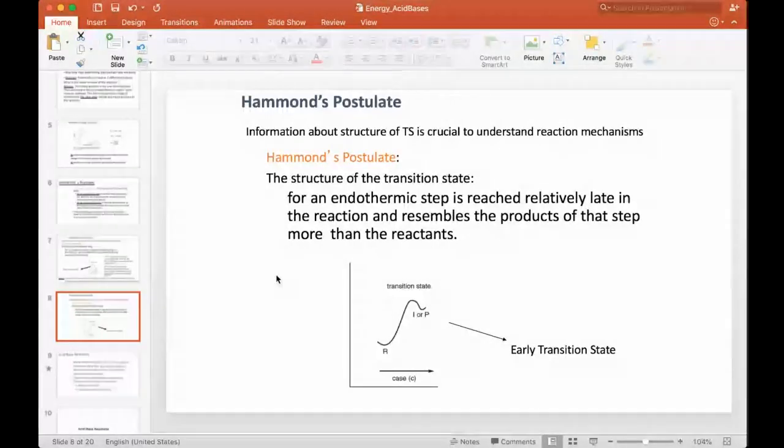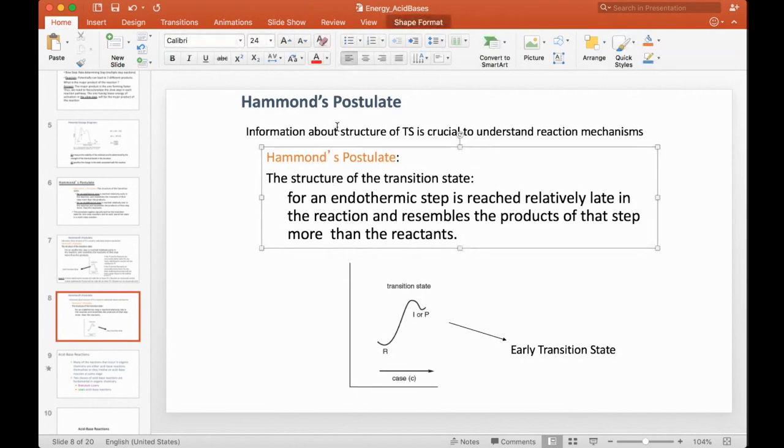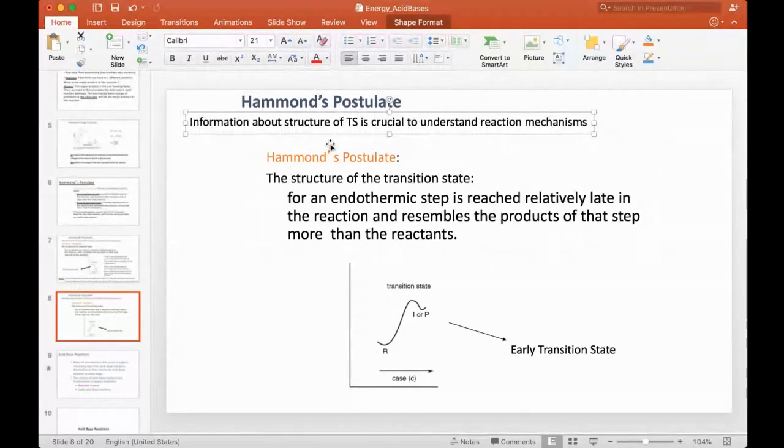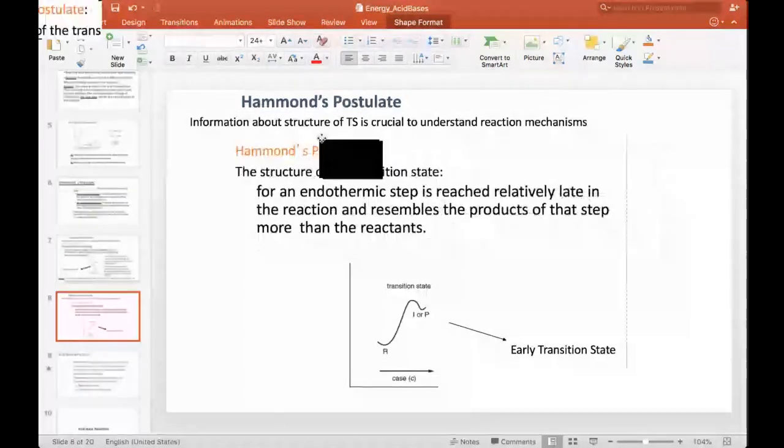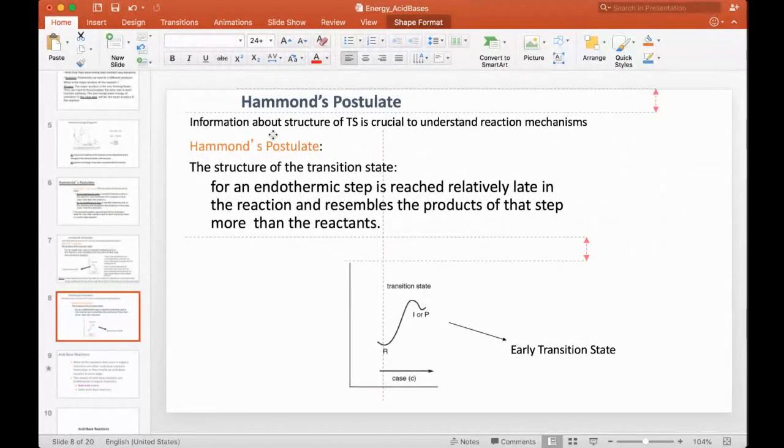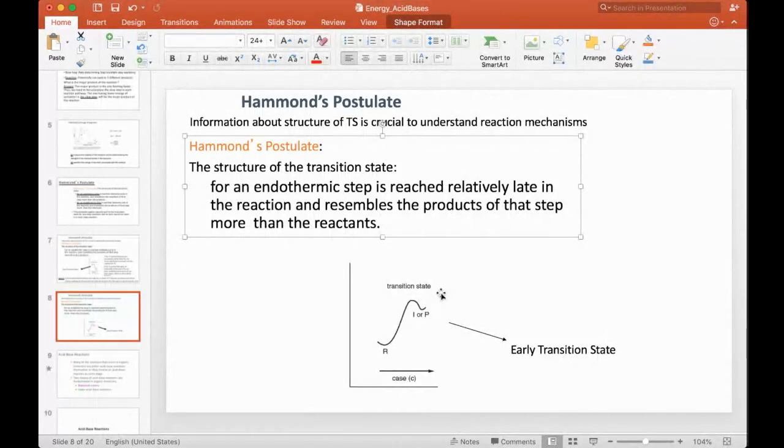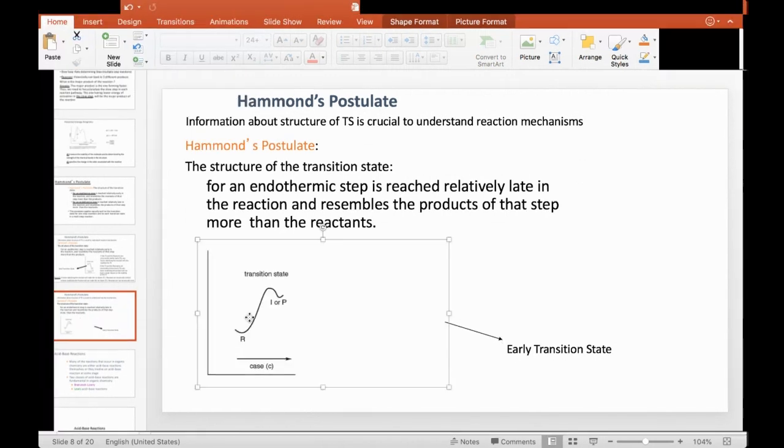So this is the opposite reasoning. Here we have a single step. Is this step endothermic or exothermic? It's an endothermic step.